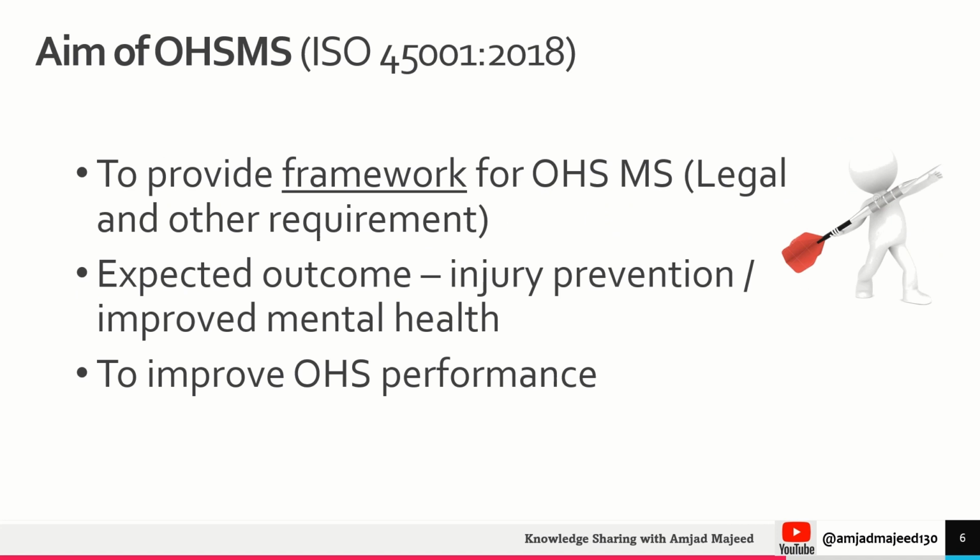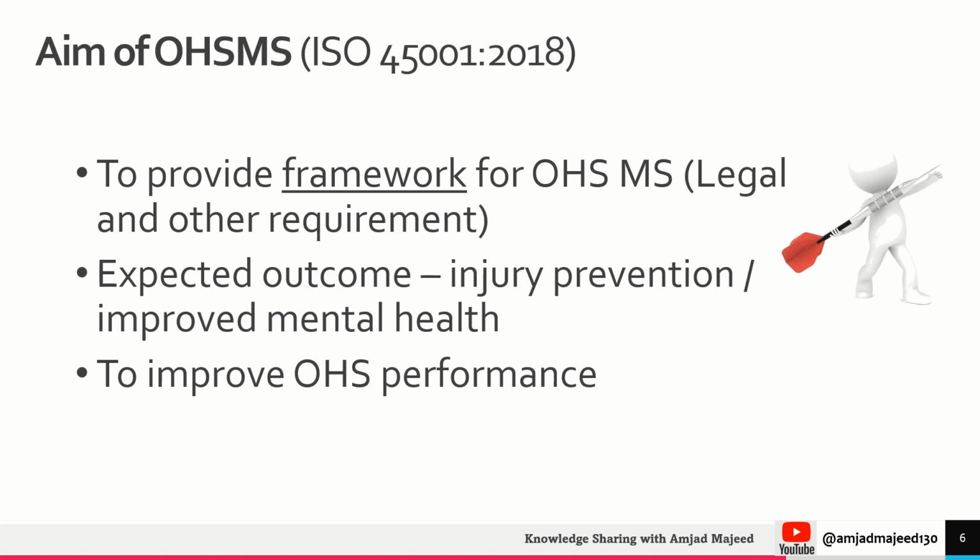Now what is the aim of the occupational health and safety management system? It provides us the framework overall, where we establish the legal and other requirements, and it helps us to identify as well as to demonstrate the compliance with that.